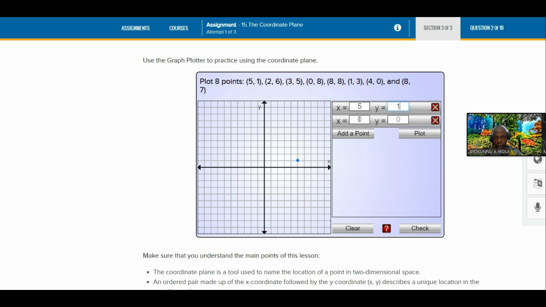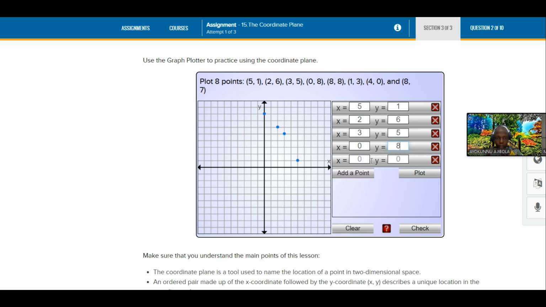Then the next one, 2, comma 6. That's the second point. The third one, 3 comma 5, okay? Then the fourth one, 0 comma 8. Then the fifth one, 8 comma 8, okay? And the sixth one, 1 comma 3. Can you see it?